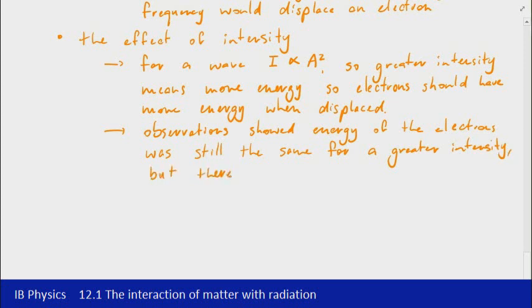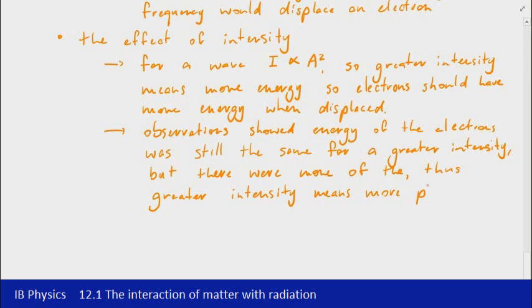So, getting back to that idea, in this particular scenario, greater intensity means more photons, but not higher energy photons. So more photons, all with the same amount of energy.